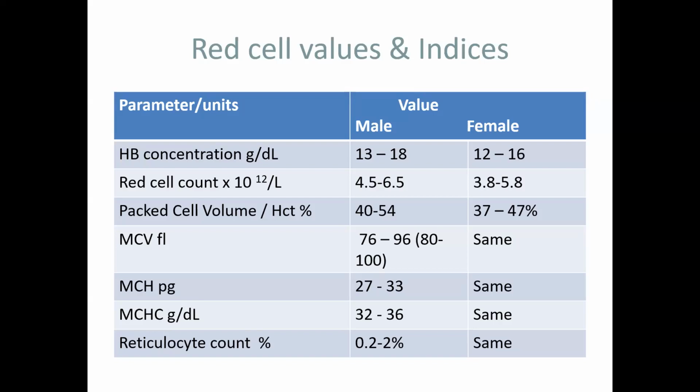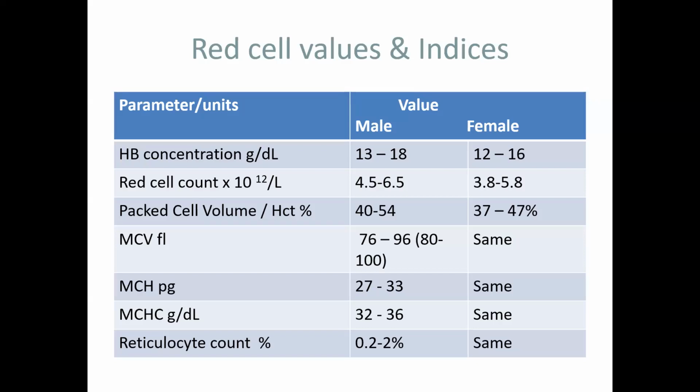So if you are told this patient has a hemoglobin of 10, and then you're told the packed cell volume is 50, you know there is something wrong, okay? Either with your equipment, or there is some sort of pathology that is producing that very abnormal kind of reading, okay?